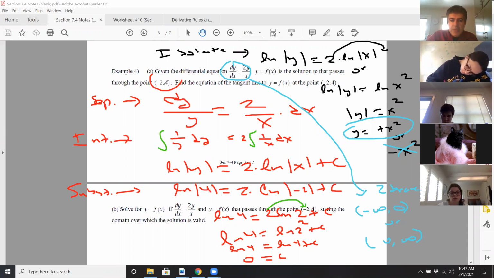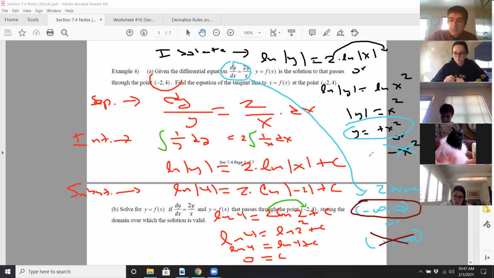But because x is -2, you're going to go with this branch instead. So that's going to be your domain. And that's because of the initial differential equation that was given to us.